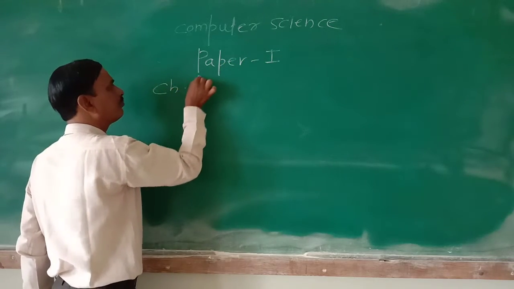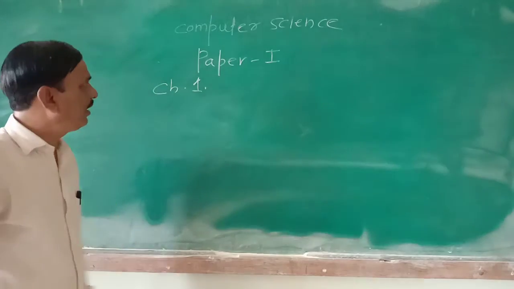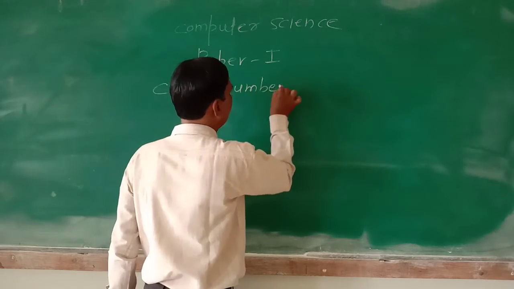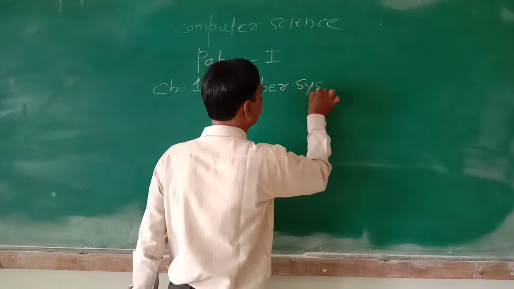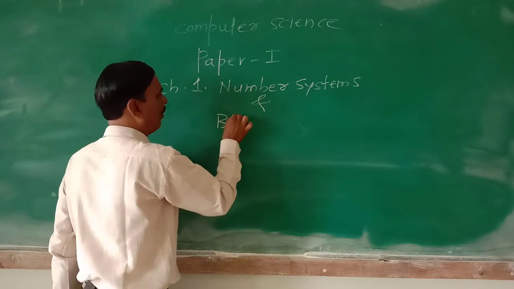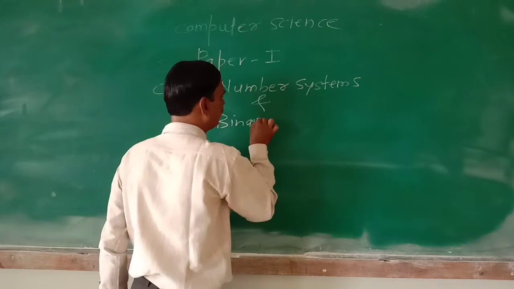The name of the chapter is number systems and binary arithmetics.